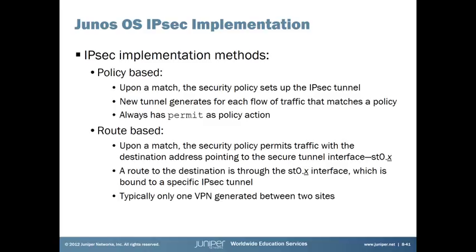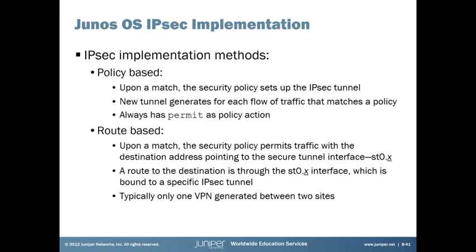Or alternatively, we can set up a route-based VPN. We can say any traffic that is destined for this particular network is going to be directed into a VPN. So the route-based is probably a little bit more common, because if we're saying we're going to be sending traffic from site A to site B, the networks that we have at site B are over the VPN.